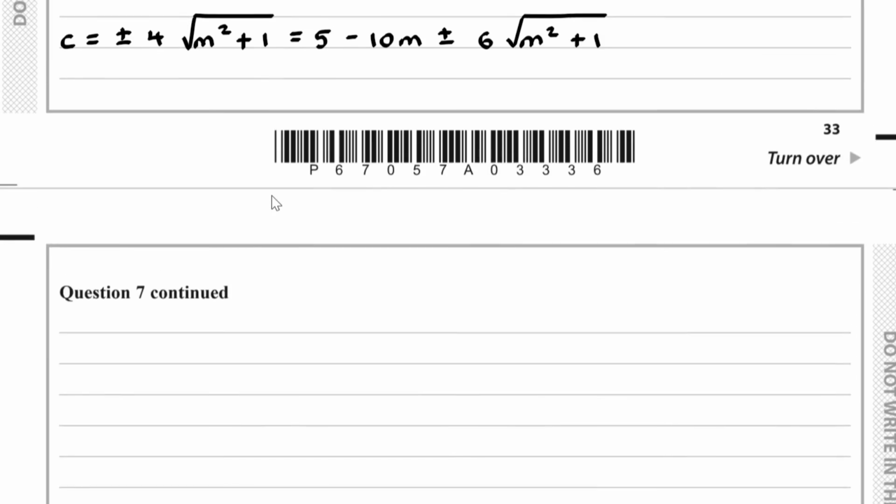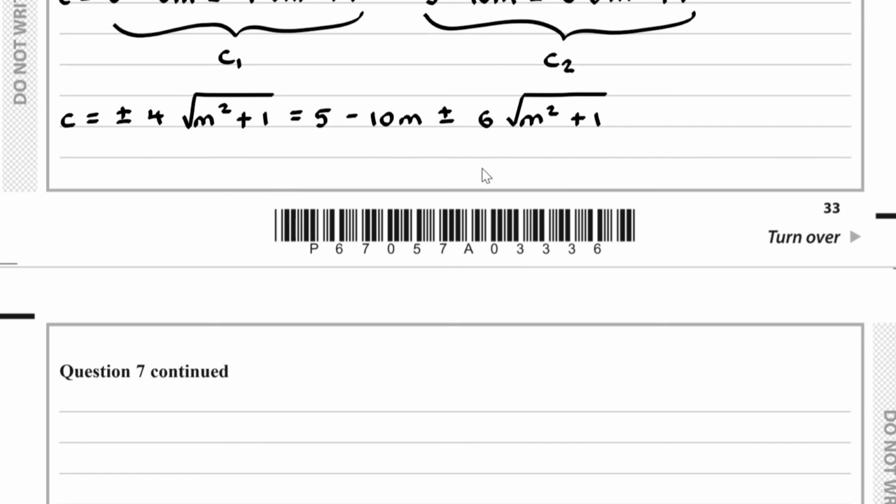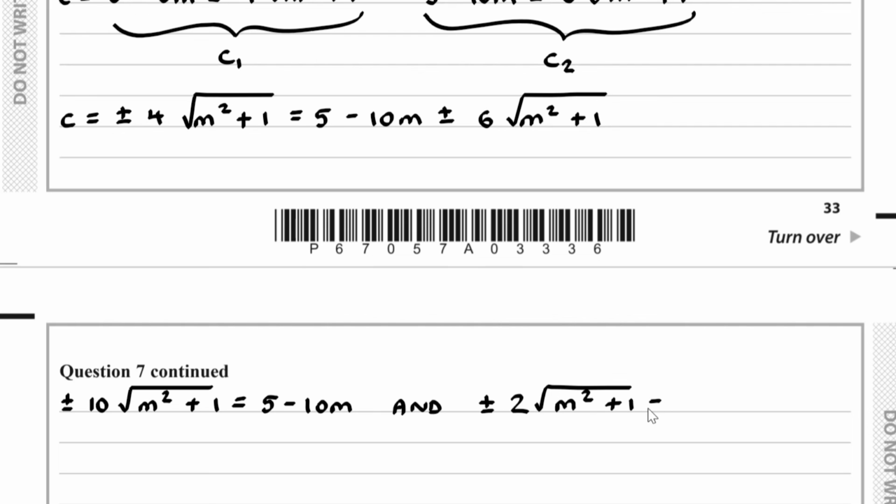So when we come to simplify all of this equation, what we would have is plus minus 10 times the square root of m squared plus 1 equals 5 minus 10m, and we also have solutions plus minus 2 times the square root of m squared plus 1 equals 5 minus 10m.